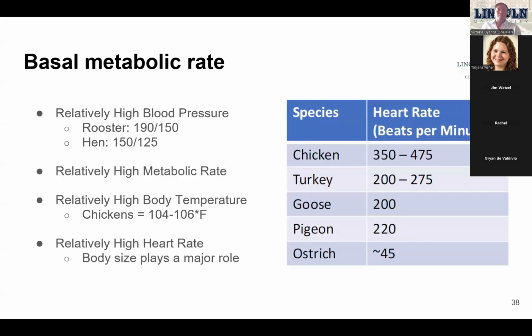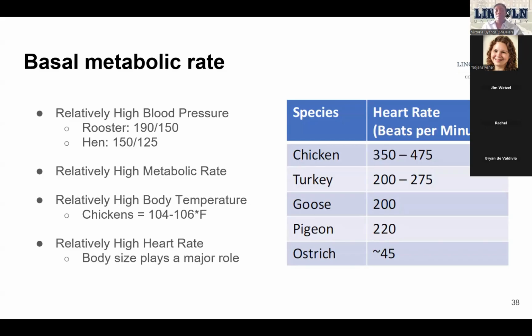But how this translates to the metabolism or the energy demand is that size is a very important factor there, because with the smaller size, in case of chicken, we have higher rates, whereas for the larger ones, this decreases. So this is about 45 beats per minute, whereas your chicken is having up to 475 beats per minute in terms of heart rate.